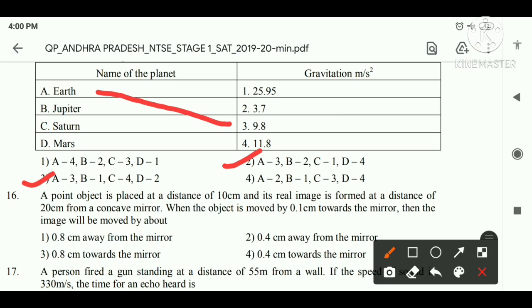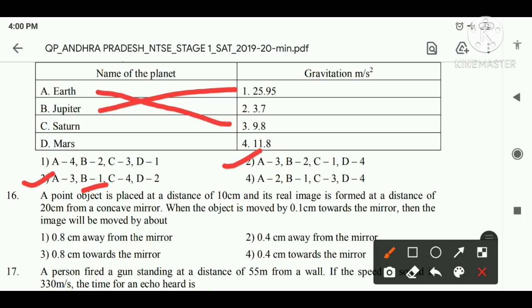And next, B, Jupiter has 25.95. Jupiter is 25.95 here, so B1. So option third is the right answer.